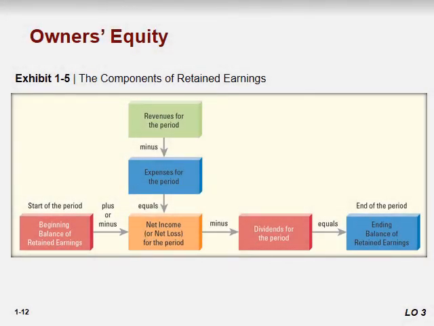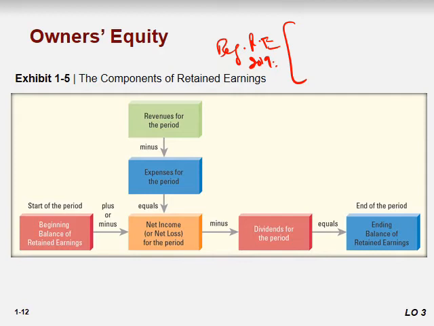So the diagram here shows the relationship among retained earnings and the dividend. What if you already have retained earnings? We call that beginning retained earnings, for example of 2019.